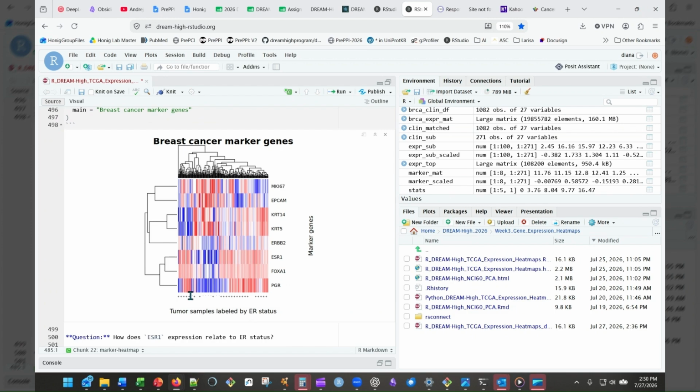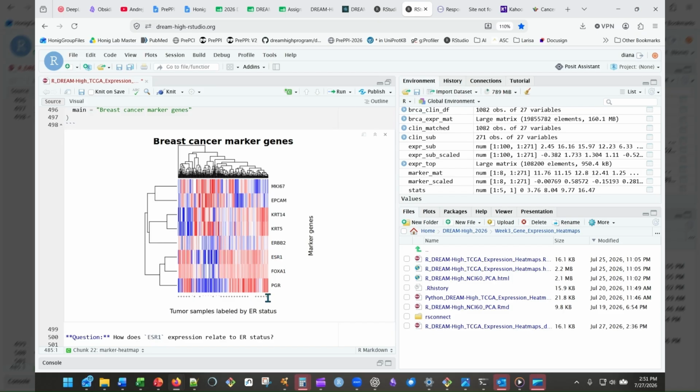So let's look at ER positive. We have a lot of MKI67 blue, which means it's more lowly expressed. And up here where it tends to be estrogen receptor negative, it's more highly expressed. Interestingly, this is the progestogen receptor. Well, let's look at the estrogen receptor.